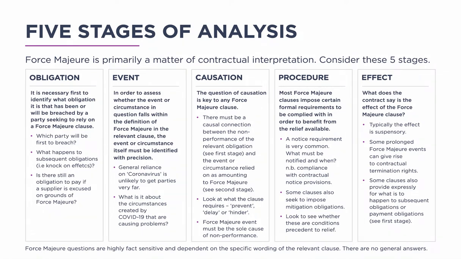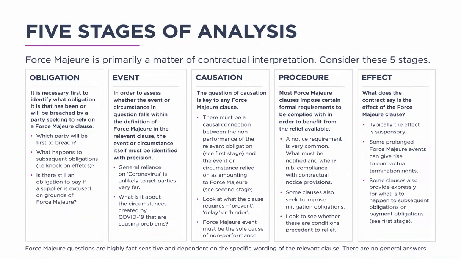Good afternoon, everybody. It may seem like an obvious place to start, but it is vitally important to define with specificity the obligation in question, which may or has been prevented or otherwise impeded by the force majeure event. And that's the case for 2 reasons. The first is legal.